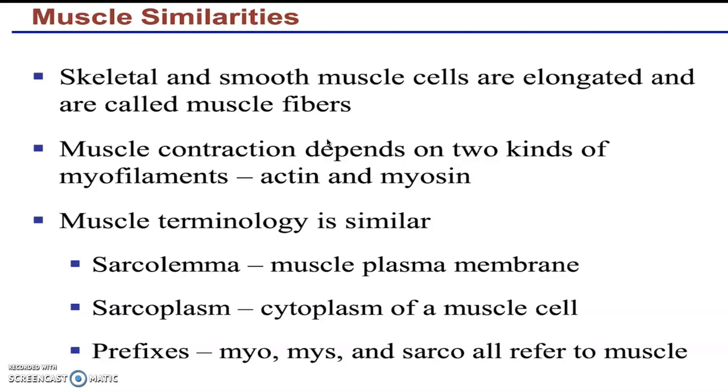And then muscle contraction depends on 2 types of myofilaments, which are actin and myosin, and all of the muscle tissues have this. And then there's similar muscle terminology, which is the sarcolemma, which is the plasma membrane of a muscle cell. And then there's sarcoplasm, which is the cytoplasm of a myocyte in the muscle cell. And then the prefixes are similar, which are myo, mys, and sarco. They all refer back to muscle.